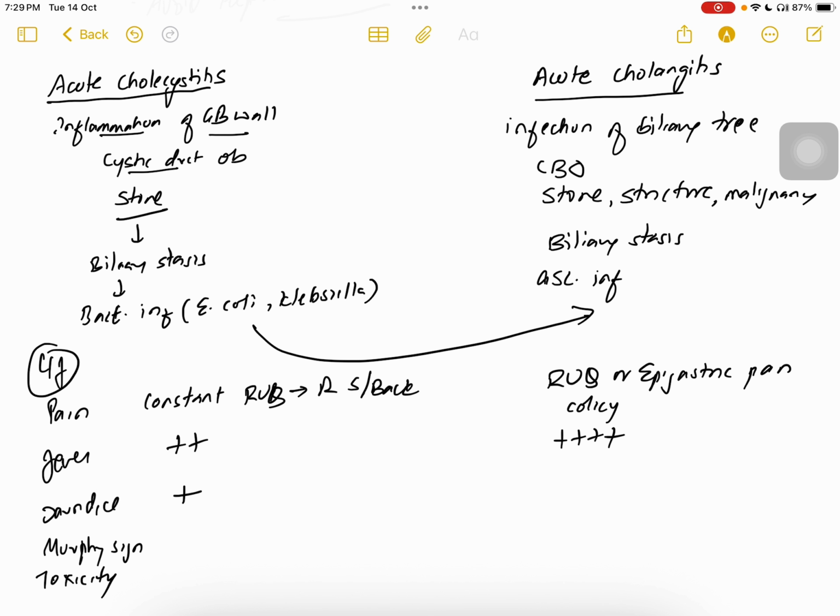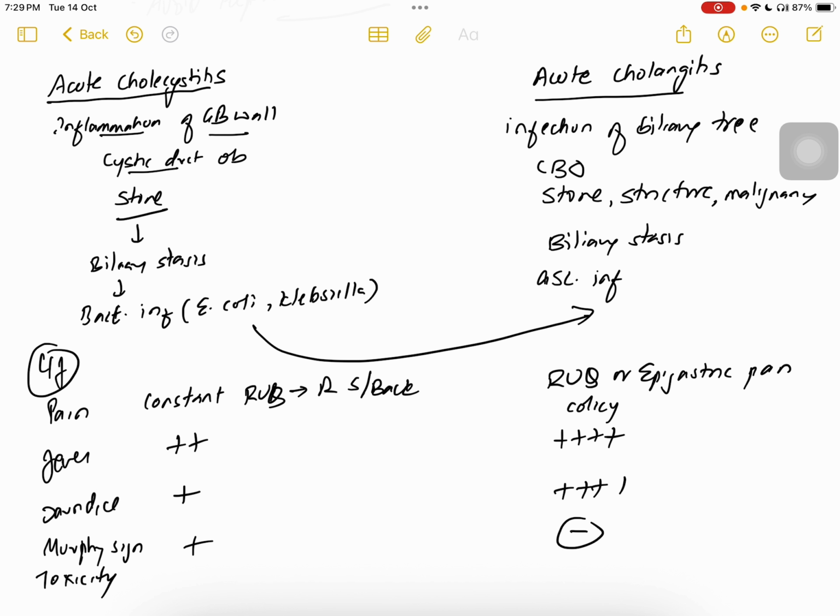Jaundice is mild or absent in cholecystitis, while it is prominent in acute cholangitis. Murphy's sign is classical and positive in cholecystitis, while it is negative in cholangitis.